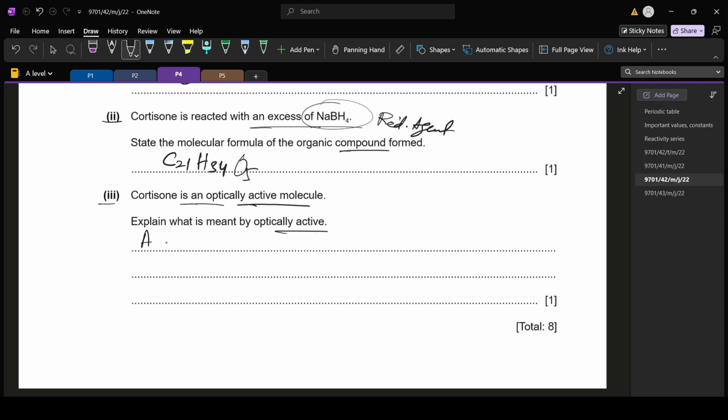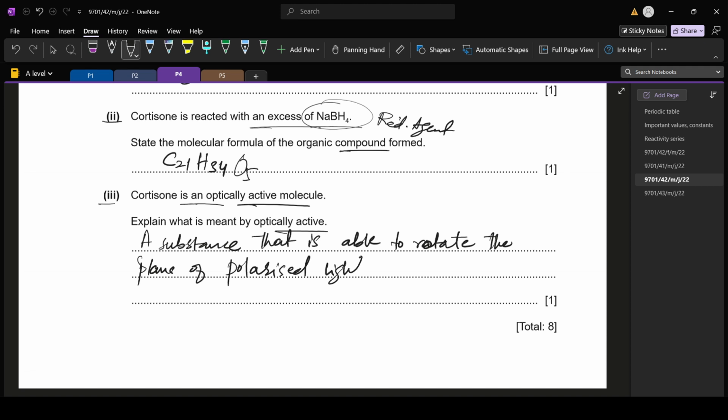So a substance that is able to rotate the plane of polarized light in opposite directions.